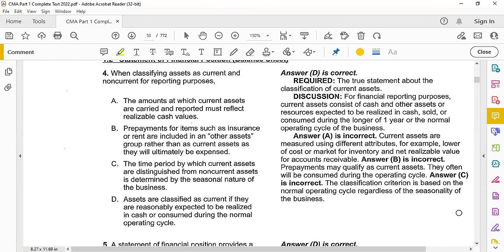From the balance sheet, these kinds of questions will be there in your exam. Read the question.